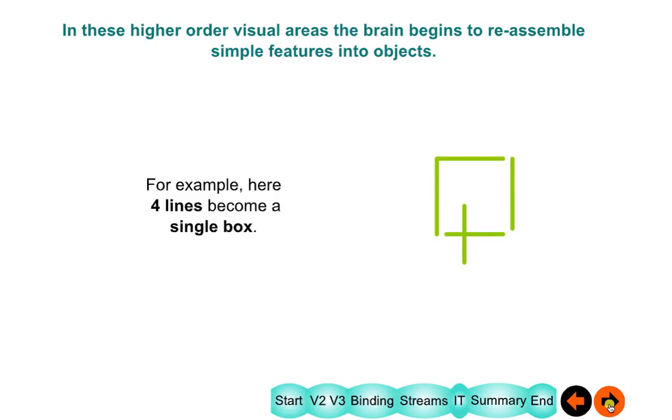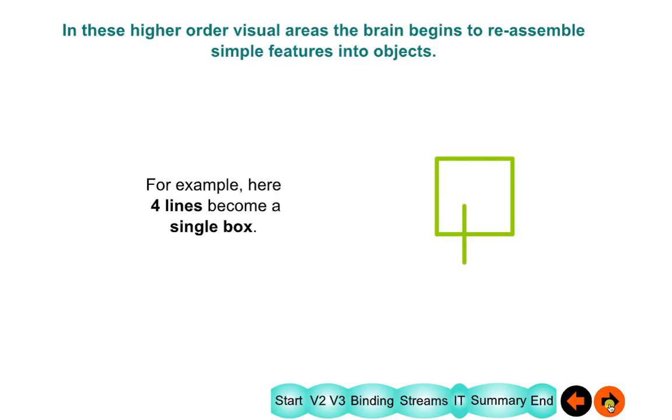Okay, so what do these various areas do? Well, they're trying to put things together. We saw in area V1 that we have things like lines, and complex cells like lines of a certain length and lines ending in their visual fields.